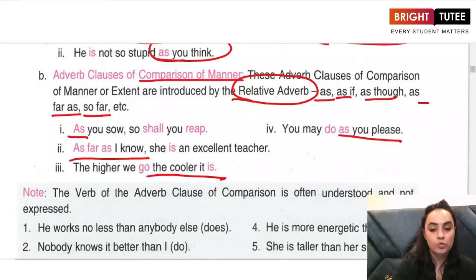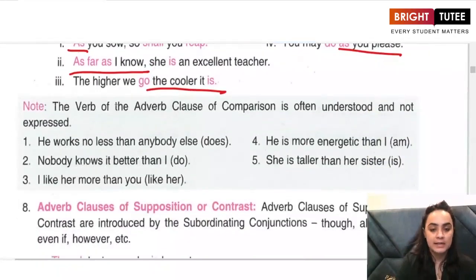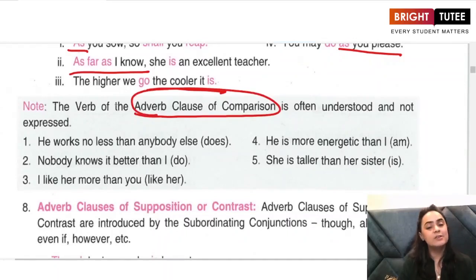Now, it has been told to you very clearly that the verb of the adverb clause of comparison is often understood and is not expressed. When we talk about the verb in the adverb clause of comparison, the verb may not be clearly stated because it is understood and it is not important for you to write it.